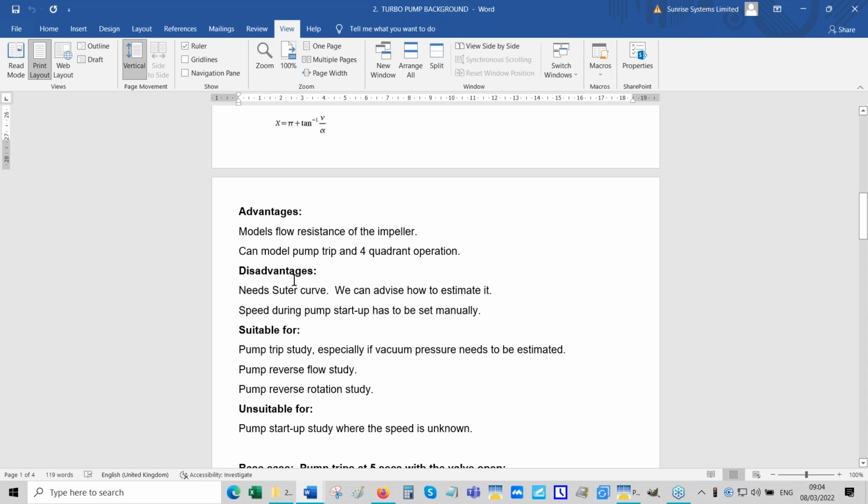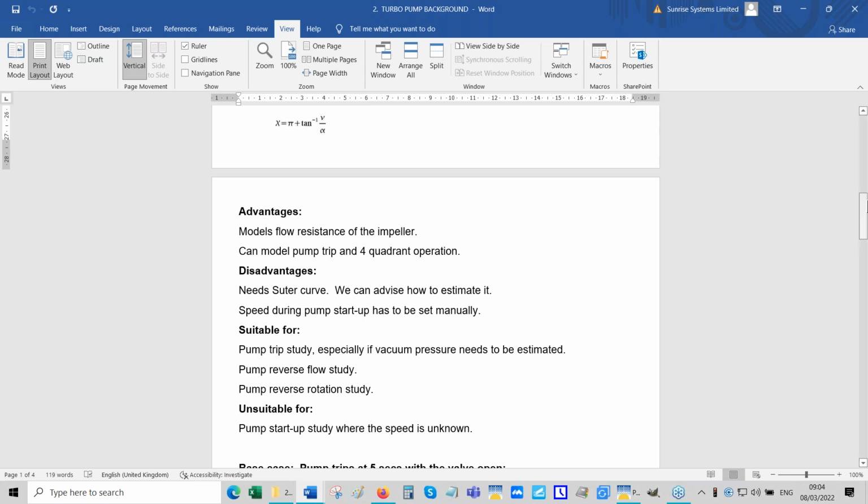The other disadvantage: normally you wouldn't use the turbo pump to model pump startup, and it cannot model pump startup, because it has to be set manually. That is the disadvantage of the turbo pump.